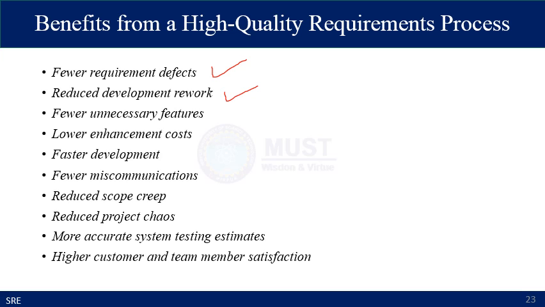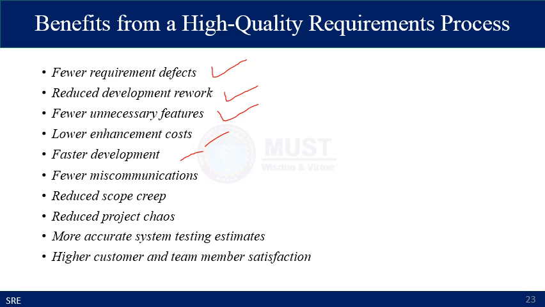There will be less unnecessary information and your product will be straightforward to the desired non-functional and functional requirements. And there will also be lower enhancement costs along with faster development.